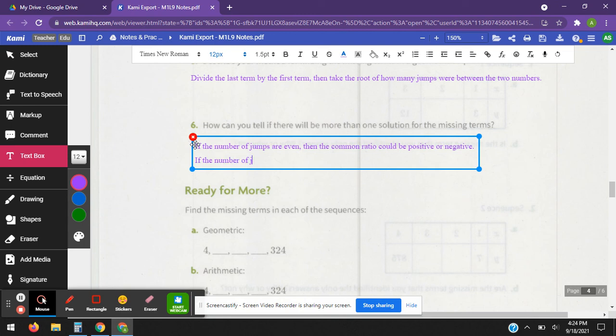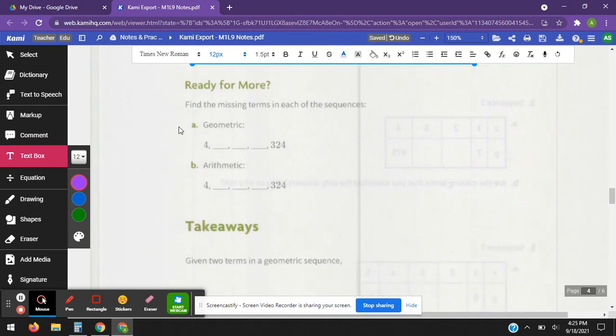If the number of jumps is odd, then the common ratio is 1 number. All right.